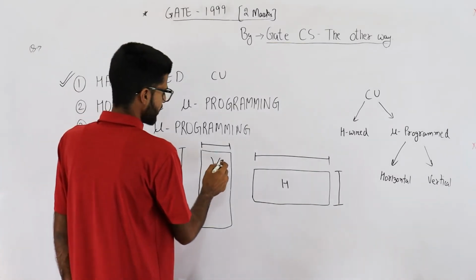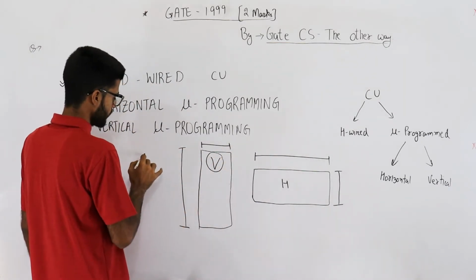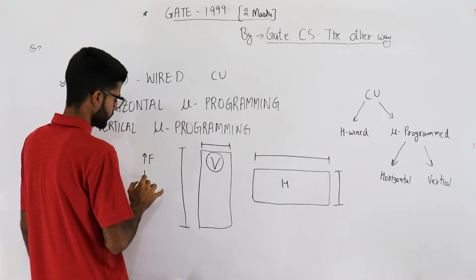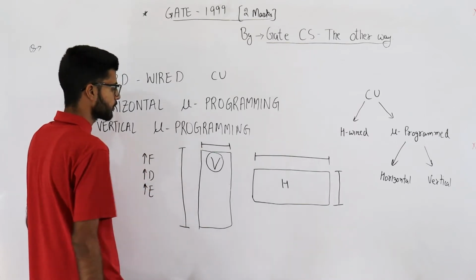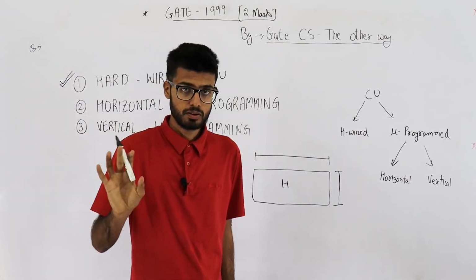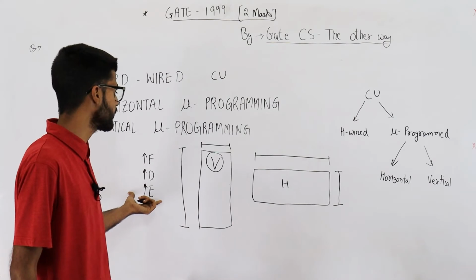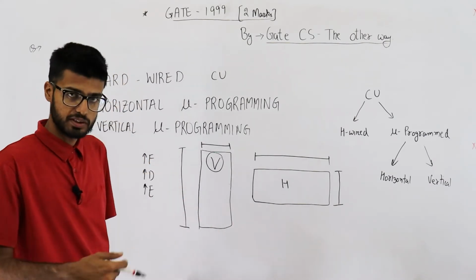In vertical, because instructions are too many, you will face more fetches, more decodes, and more executes. I'm not talking about memory fetch, decode and execute, not the normal ones. These are for executing micro instructions. This fetch happens within the CPU.